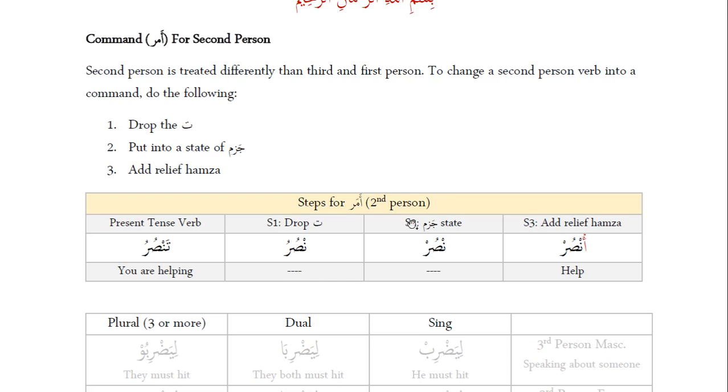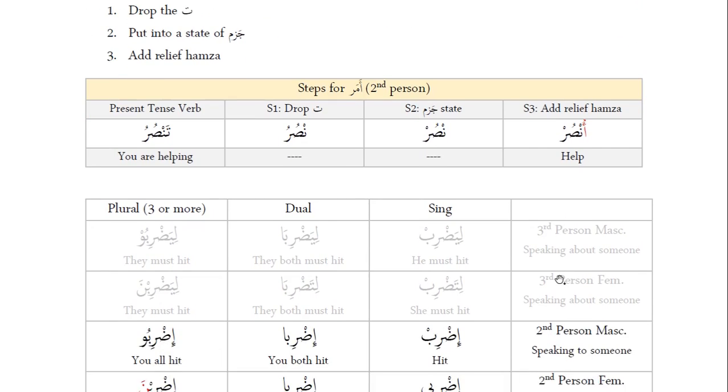The next step is to put it into a state of majzoom. So you throw a sukoon on the end, and it becomes even more hard to pronounce. And then in order to get rid of that difficulty, what they do is that they throw on a relief hamza. Remember that hamzatul wasl that's thrown on so that you can actually read things? So it becomes unsur, help.